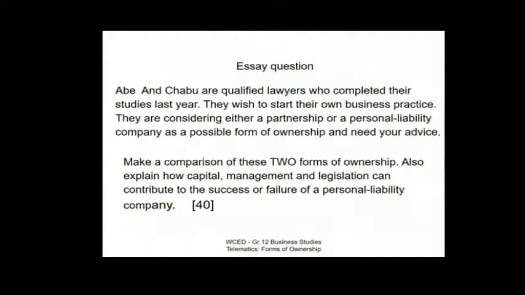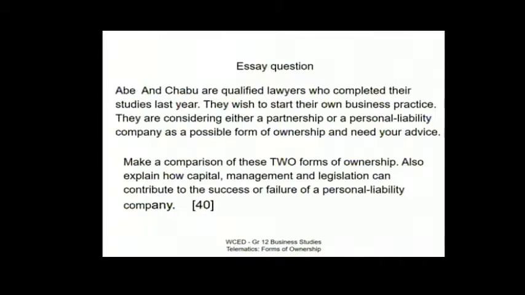Then make a comparison of these two forms of ownership. Also, explain how capital, management, and legislation can contribute to the success or failure of a personal liability company. Okay, right.